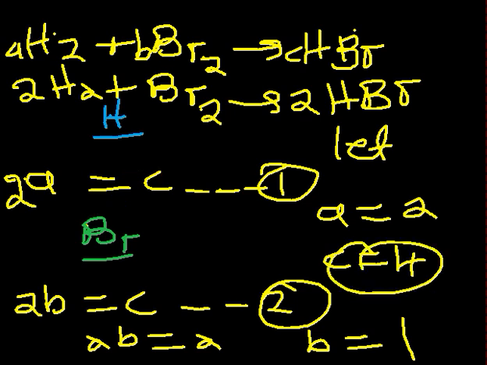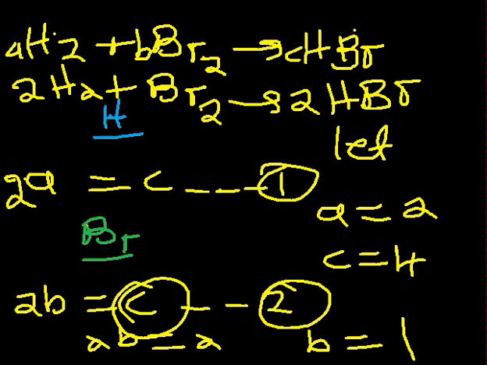So if C is equal to 4, then it means we'll be able to find the value of B. So for that case, if we have 4 here, it means we'll have B given as 2.